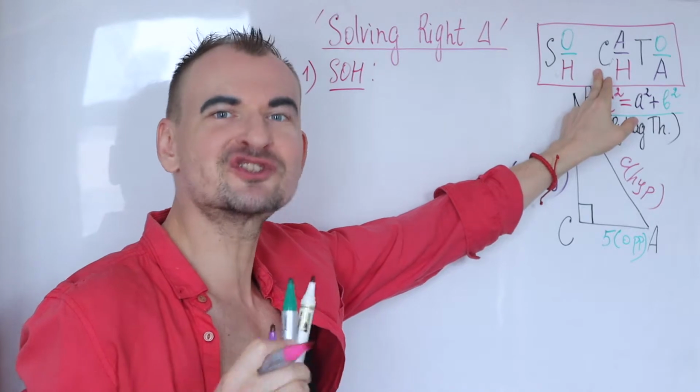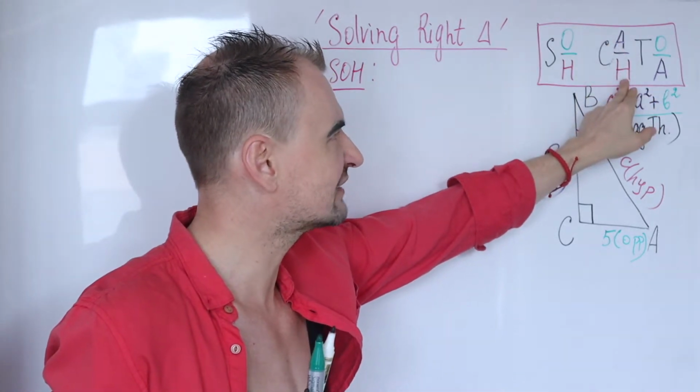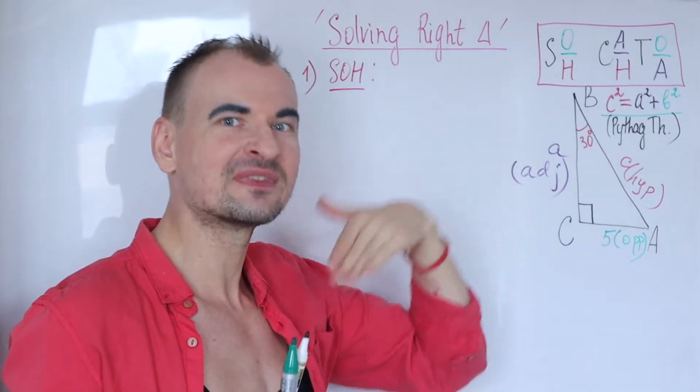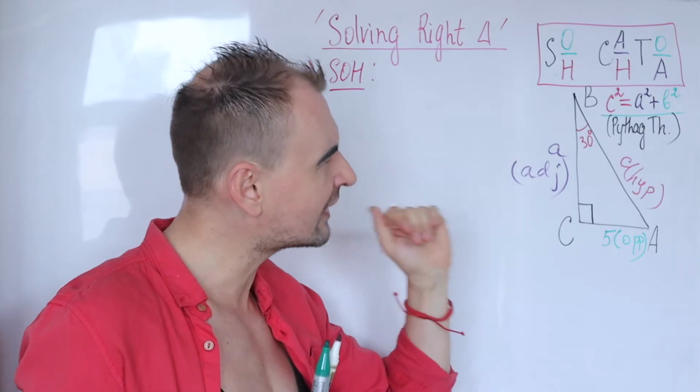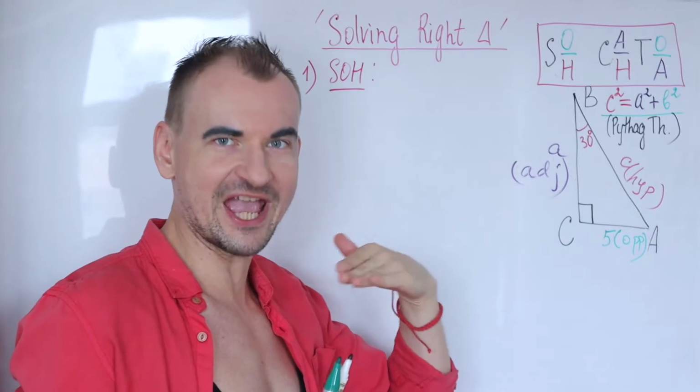Cosine is also a ratio, adjacent over hypotenuse, and tangent is opposite over adjacent.